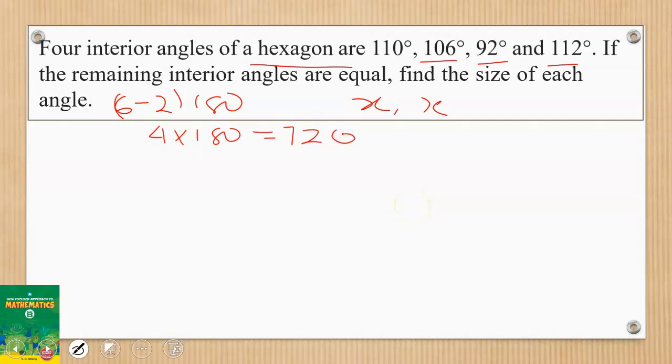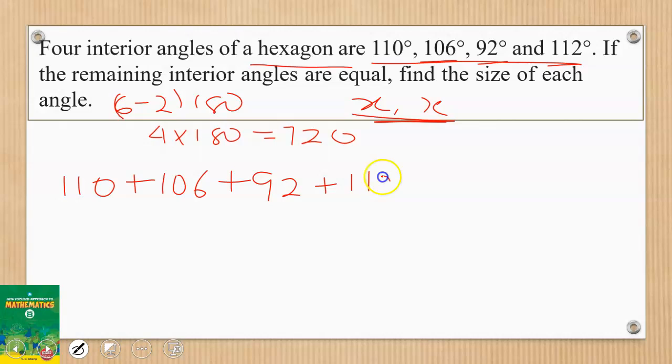So when we sum all these angles plus the 2 remaining angles, which are equal, all should give us 720. So we can do 110 plus 106 plus 92 plus 112 plus x plus another x, all should give us 720.